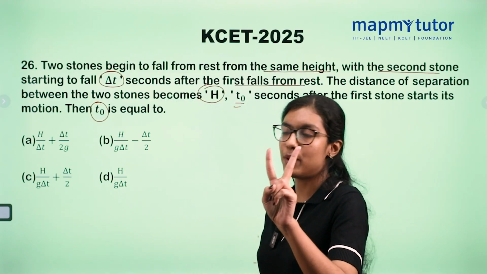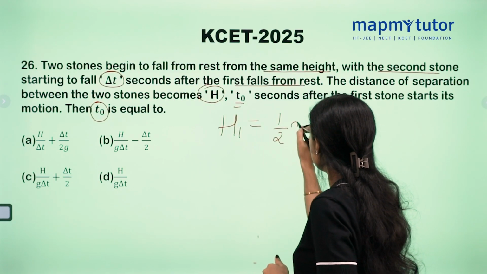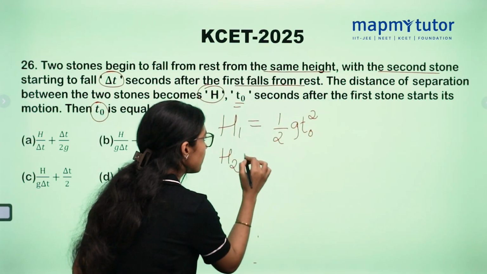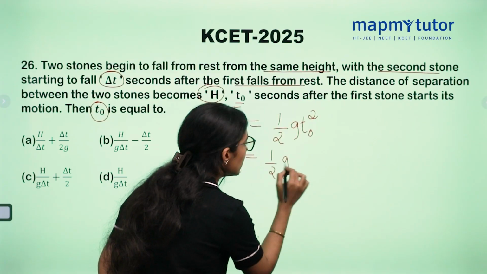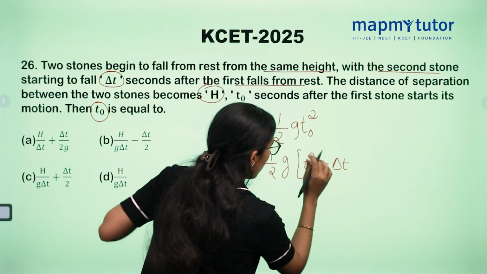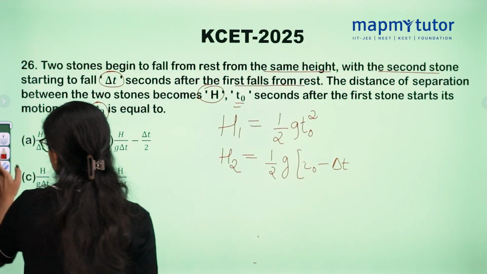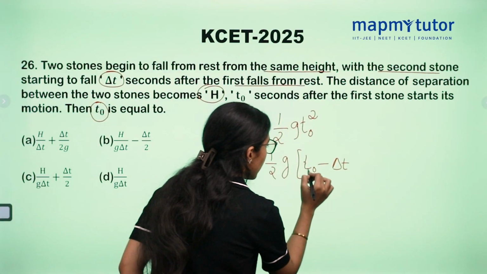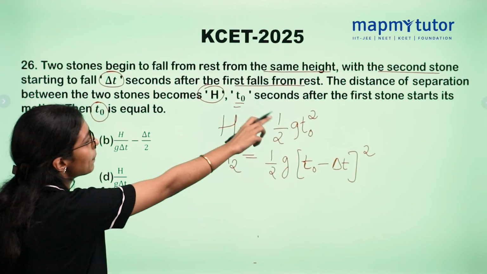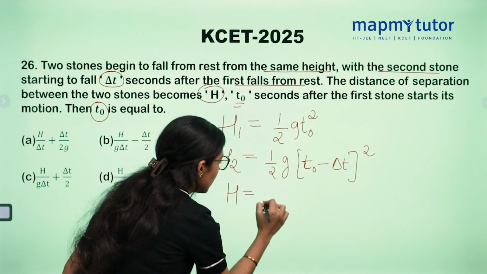Fine. We will have 2 equations here. The first equation is for the first stone, which will be half g t naught squared. And you will have the second equation, that is half g (t naught minus delta t) squared. Now you need to find out the separation. So when you have to find out the separation, you will just simply subtract.